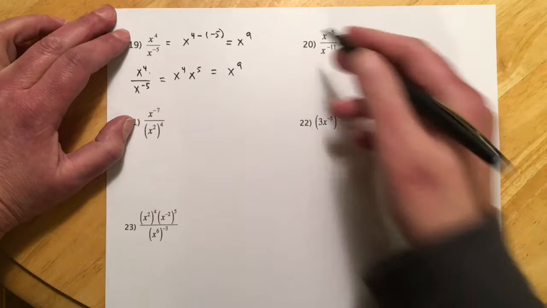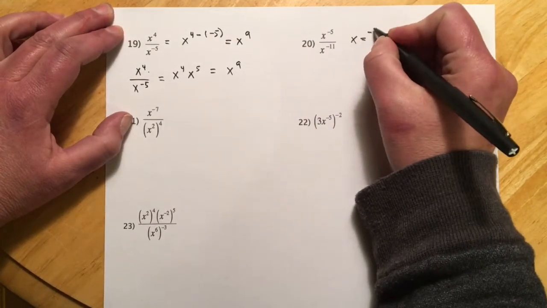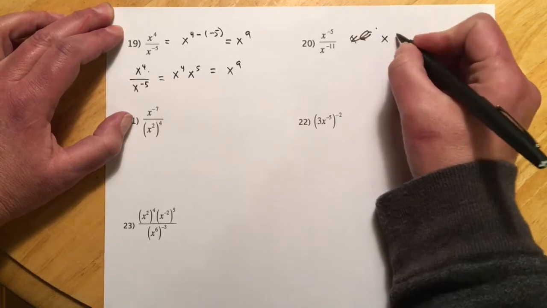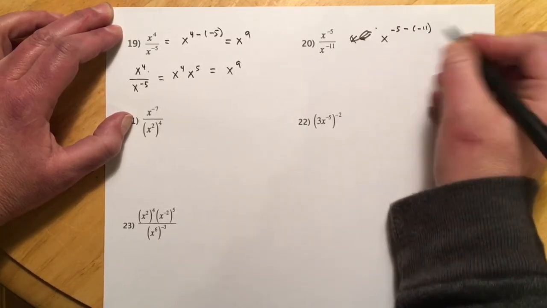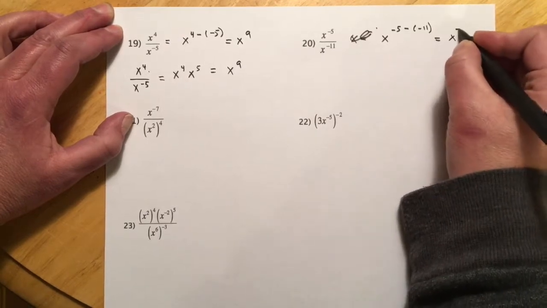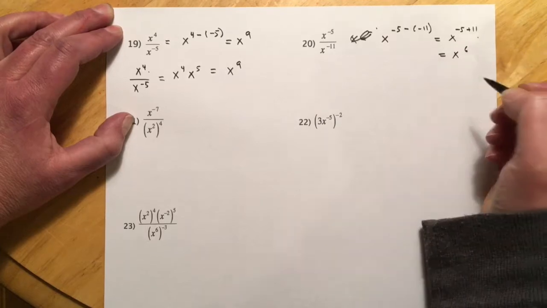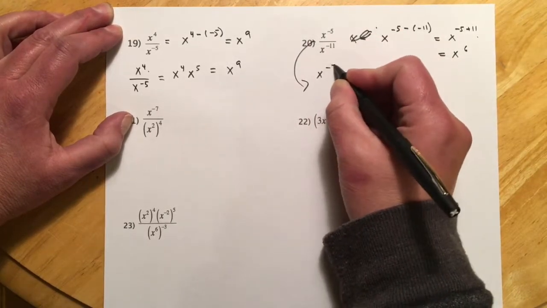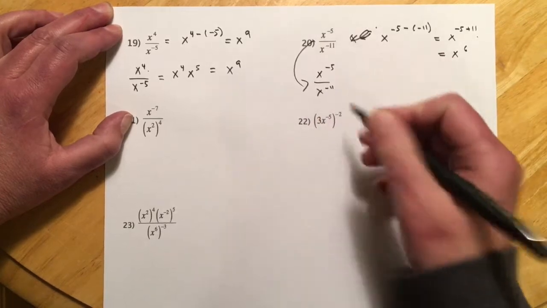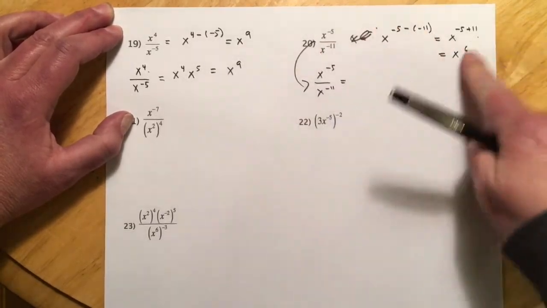Number 20, again, I'll show it both ways. So I could think of this as x to the negative 5, and then minus a negative 11. So that would be x to the negative 5 plus 11, or x to the 6th. Or if you think about it the weird way I do, if I have x to the negative 5 over x to the negative 11, that means both of these are in the wrong place. So in my head, I'm not doing all that.